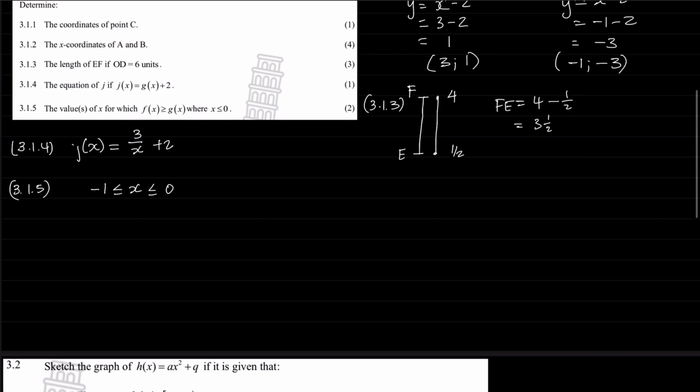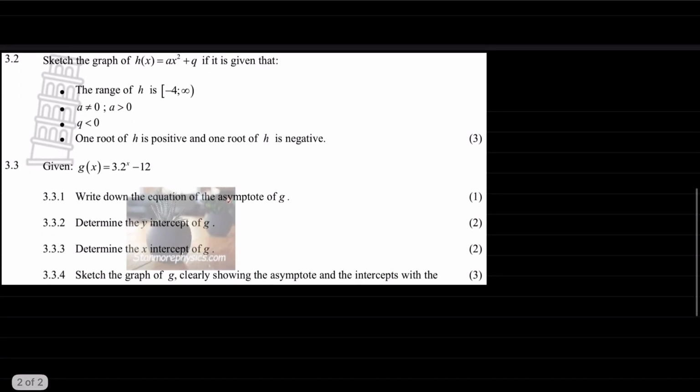Okay, let's move on. The next question reads, sketch the graph of ax squared plus q if it is given that the range of h is that. Seeing that this value is a square bracket, it means it includes this value.